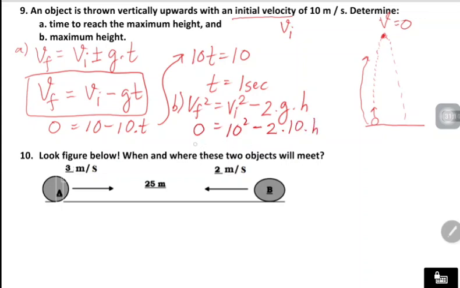We get 20h equals 100, and we get the height is 5 meters.